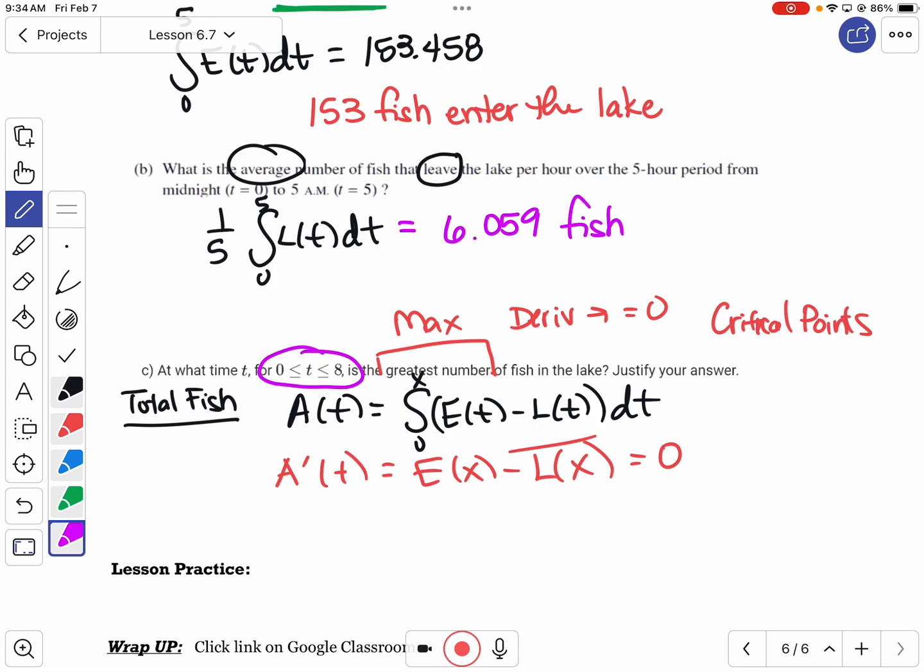0 to 8, so we don't need to see 1.5 million different values. Put it on your calculator, look at the graph.